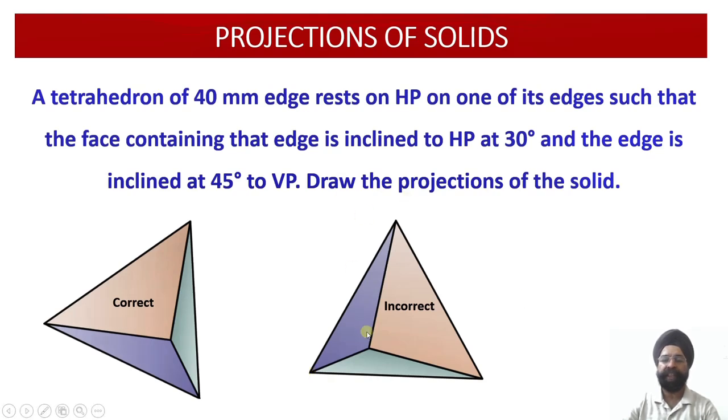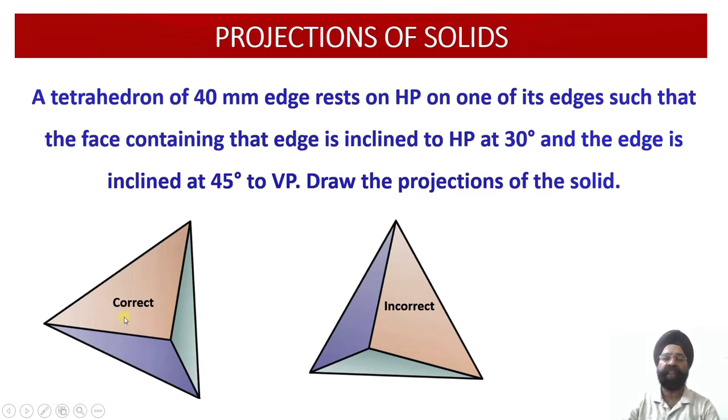If I tilt it this way, it will be resting on this corner on the horizontal plane. If I tilt it this way, it will be resting on the horizontal plane on this corner, whereas we are told that this tetrahedron is resting on one of its edges on the horizontal plane. So this case is discarded, that is, this orientation is not acceptable.